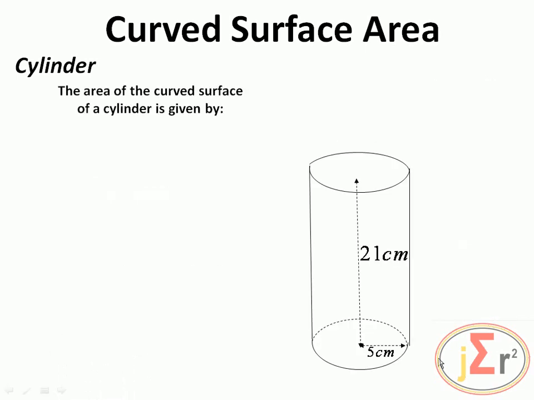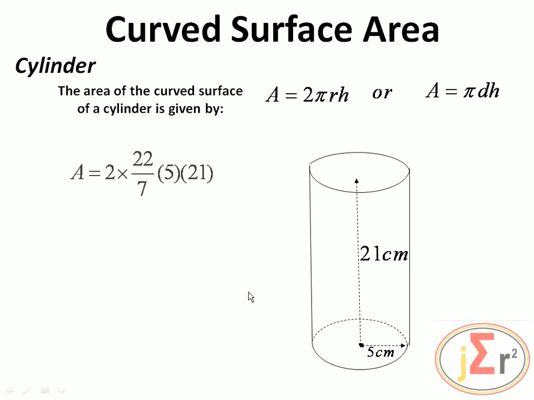The area of the curved surface of a cylinder, as usual, and of course, for this one, the radius of the base is given. So A is equal to 2 pi RH. Two times 22/7, that's pi.